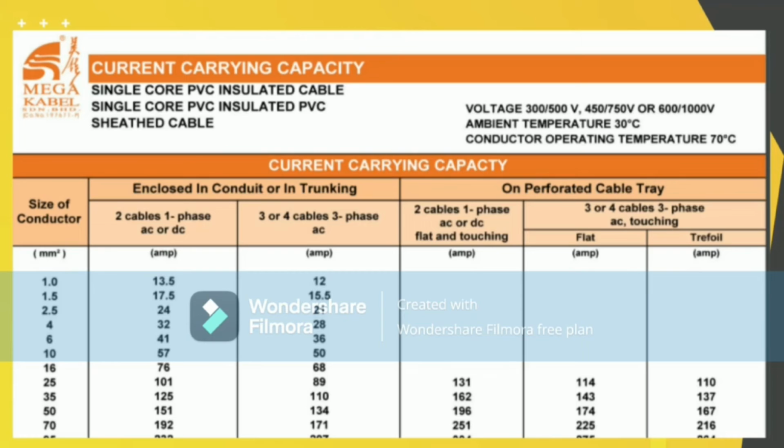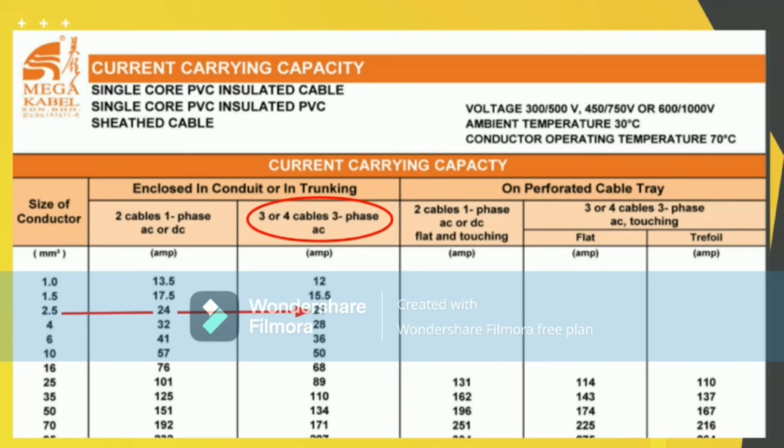Okay, this is a table provided by Mega Cable manufacturer. So we refer to 3 or 4 cable in 3-phase AC. The size is 2.5 mm square.